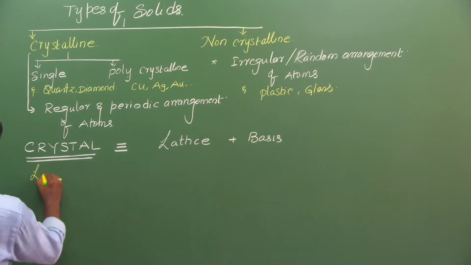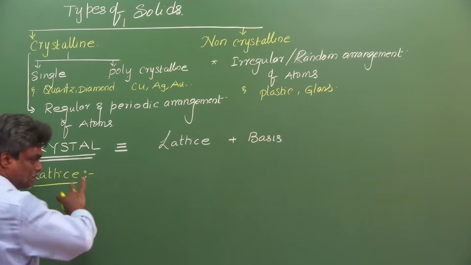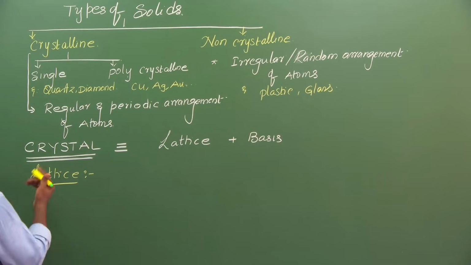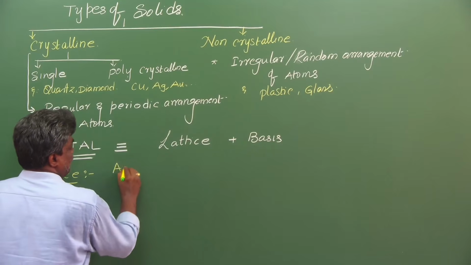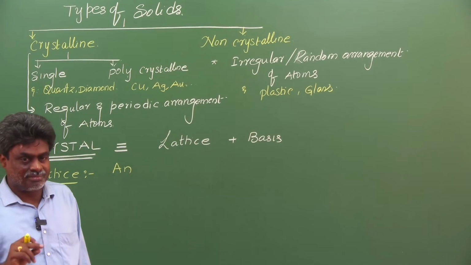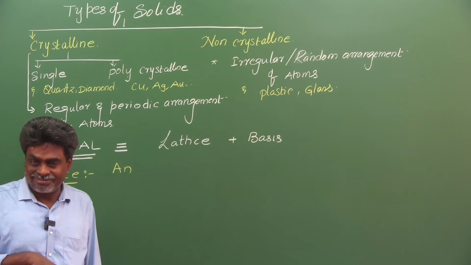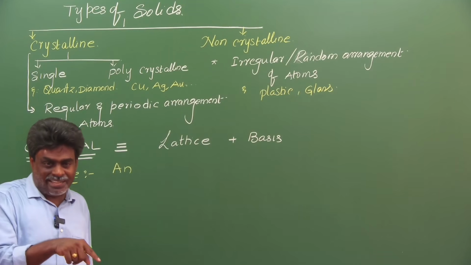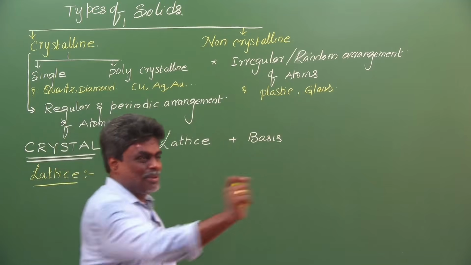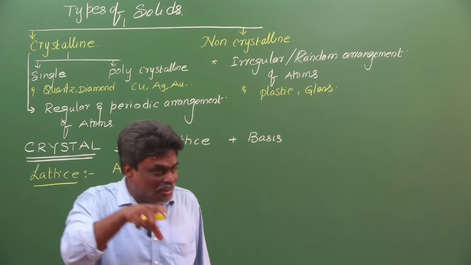Now, lattice. What is meant by lattice? I am explaining from the basics. If you know already, it's okay. Otherwise, listen. Lattice is an infinite array of points. How are you getting the points? Randomly you cannot place them, because it is a periodic, regular arrangement.